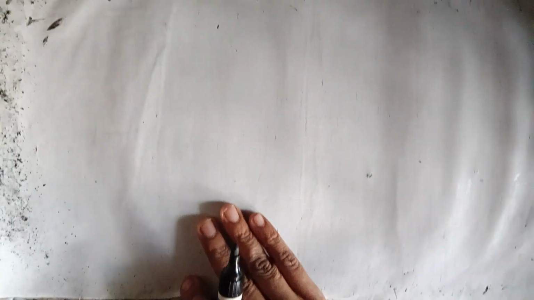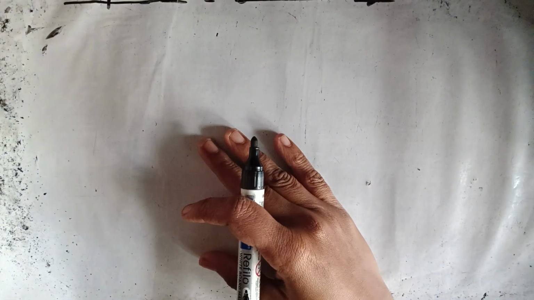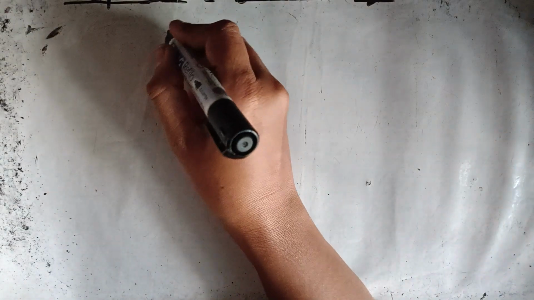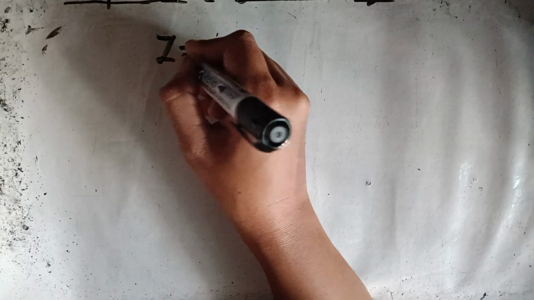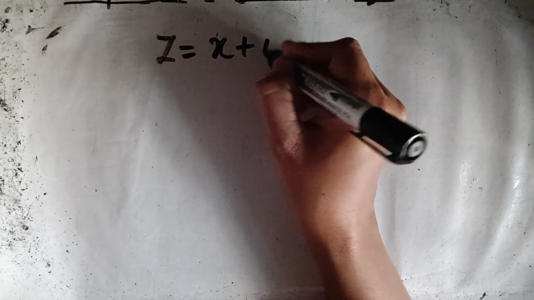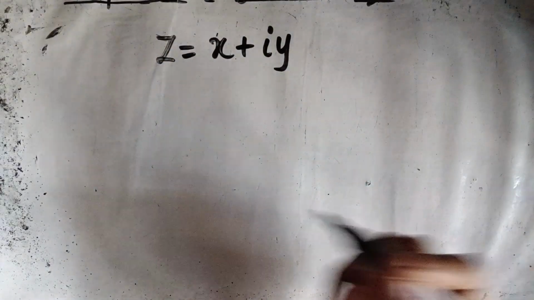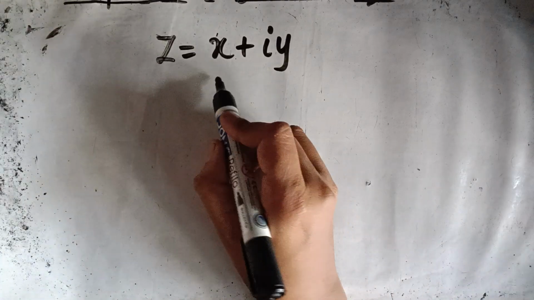So now let's start with what is a complex number. A number of the form x plus iy or a plus ib. It is given by z equal to x plus iy. This is a complex number.